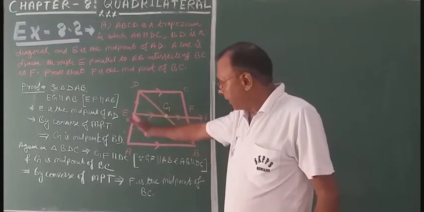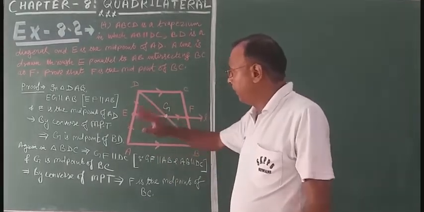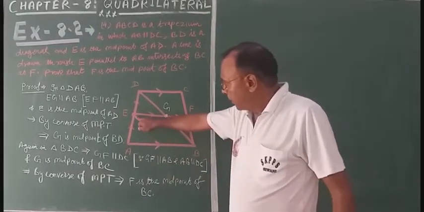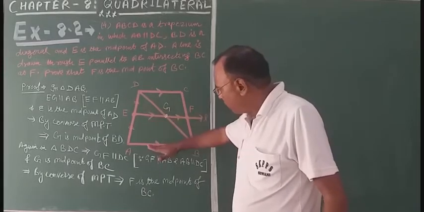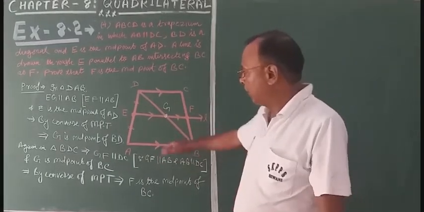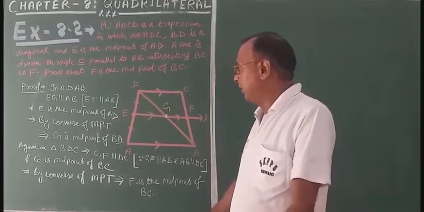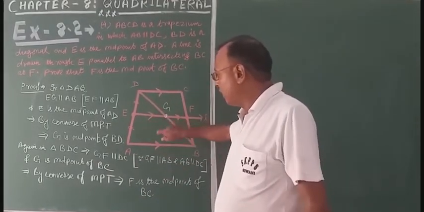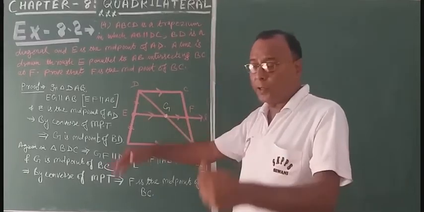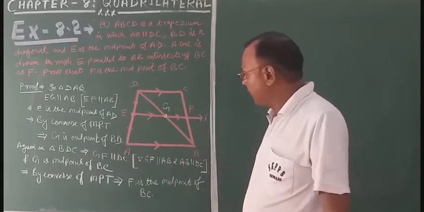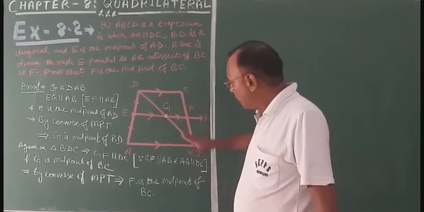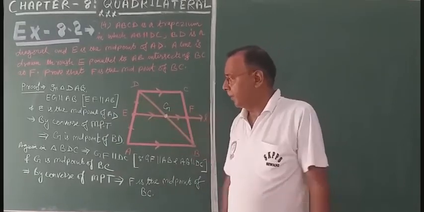First we take triangle ADB. It is given that EG is parallel to AB and E is the midpoint of AD. Since this line is parallel to this, by the converse of the midpoint theorem, this G will also be the midpoint of BD.